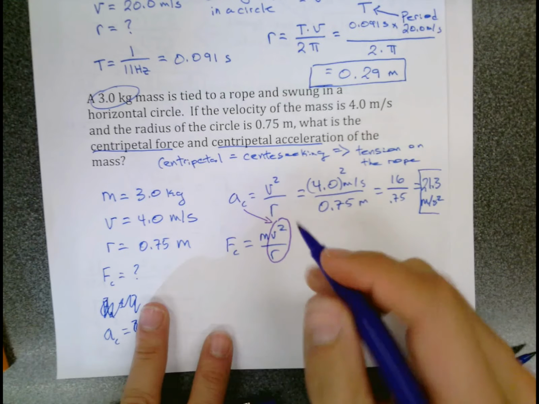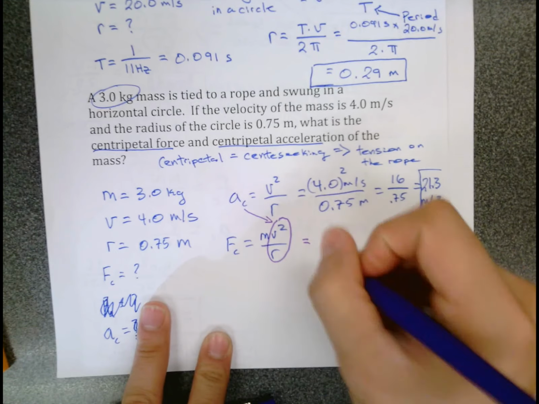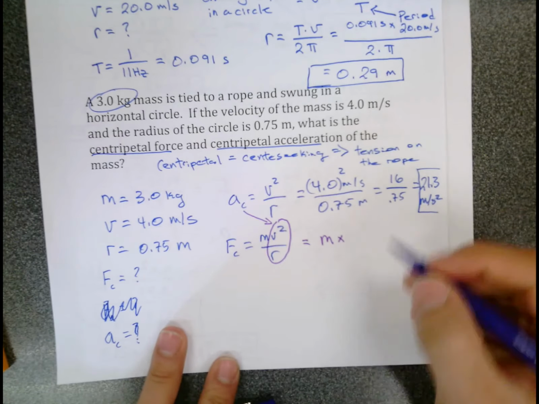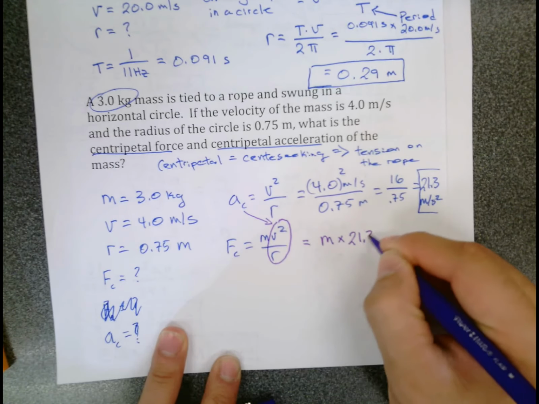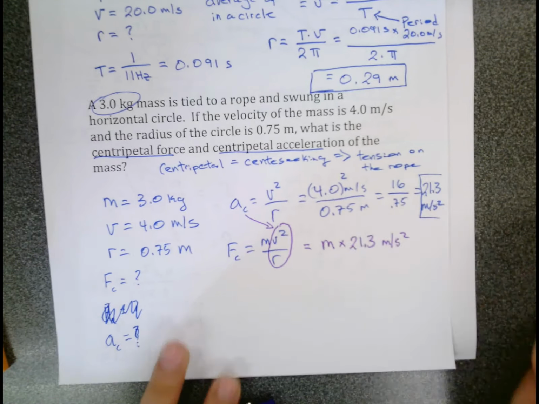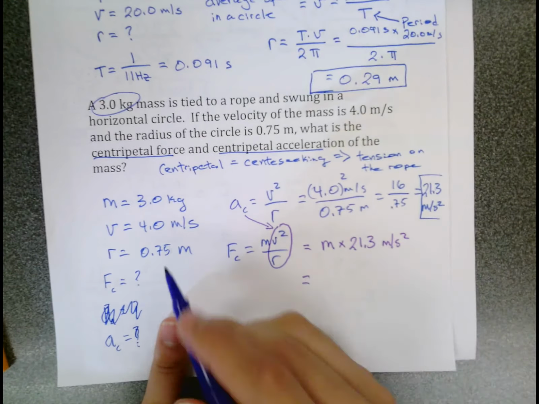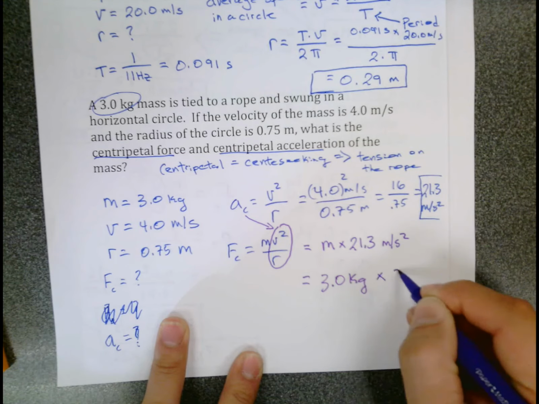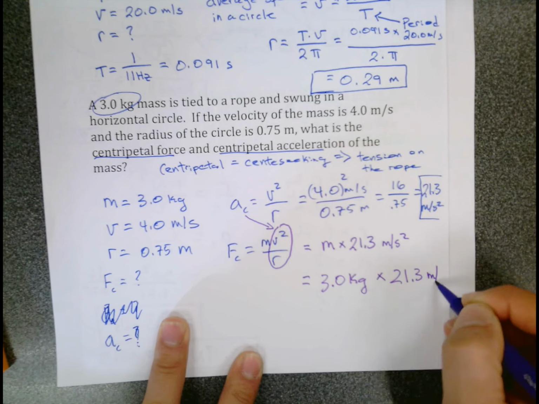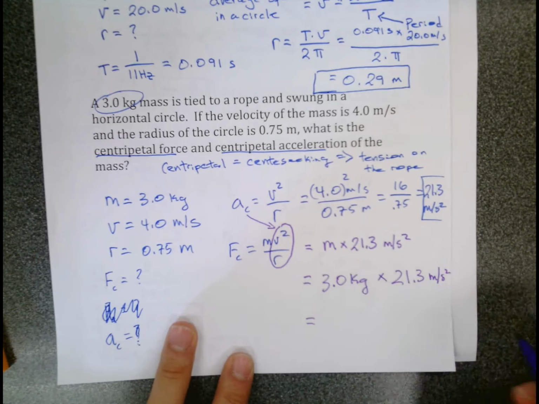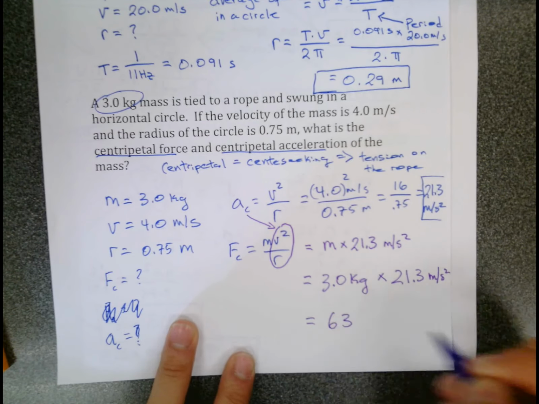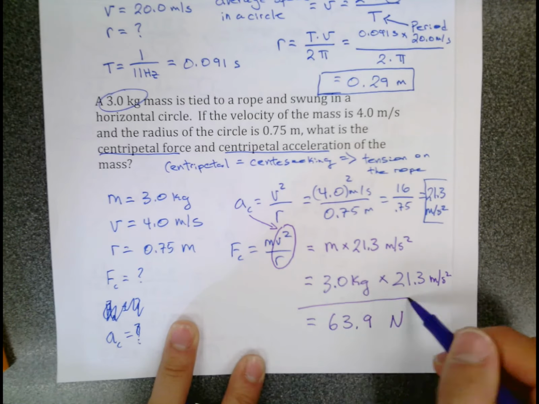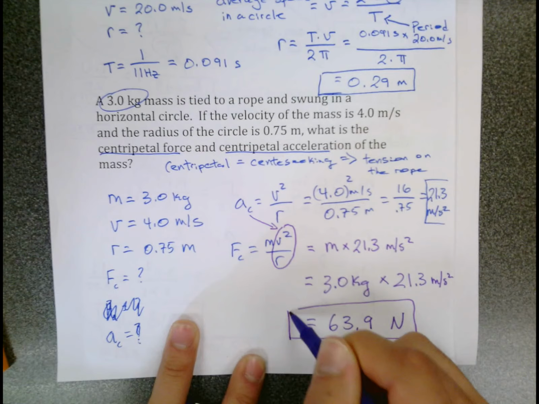So all you have to do is go m times what we got for the centripetal acceleration, which is 21.3 meters per second squared. Our mass is 3 kilograms, our acceleration is 21.3 meters per second squared, and you get 63.9 newtons as our final answer for our centripetal force.